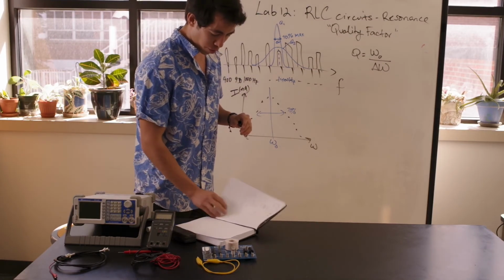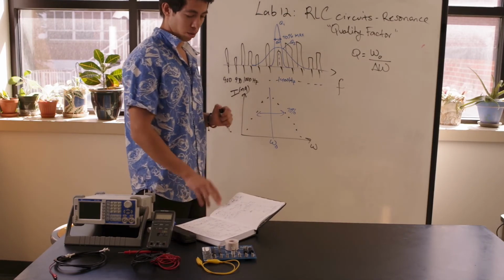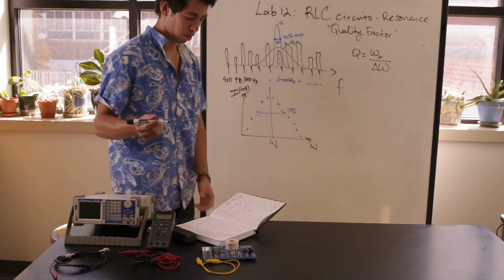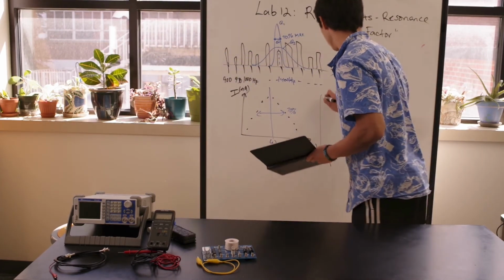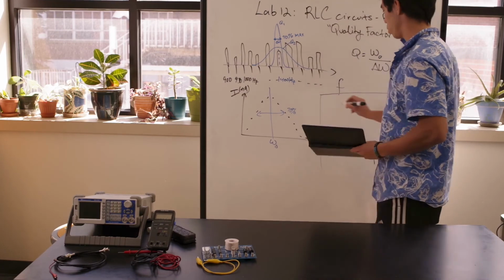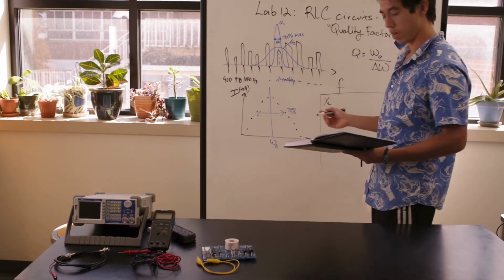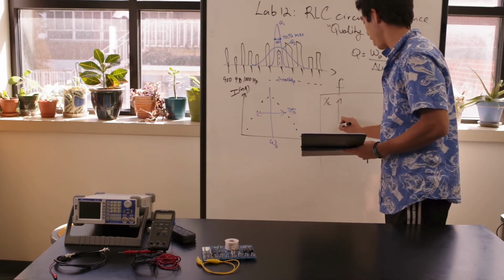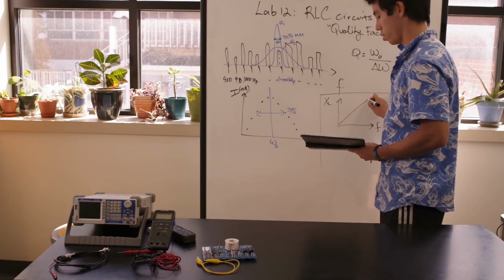So there's a small proof for why the current peaks at the resonant frequency, which involves reactance. So let's go over here. If you remember the reactance for an inductor, which is the resistance to a flowing current, we have chi sub L, which is the reactance versus frequency, and it's proportional to frequency.